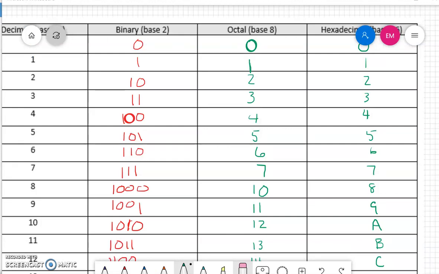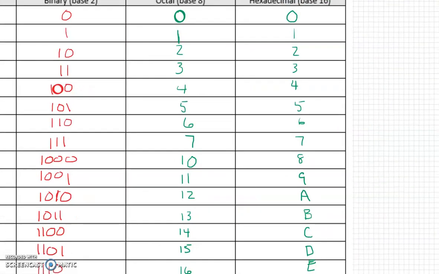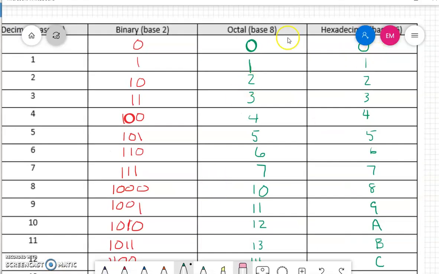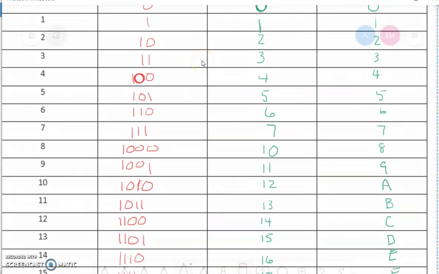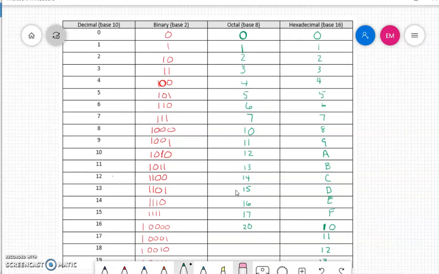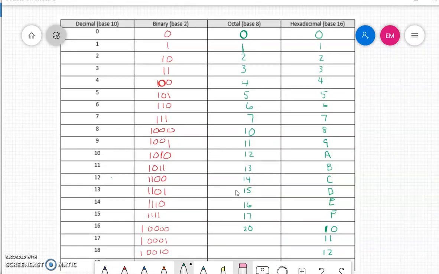All right, one little note of clarification here. Let's take a look across. Let's go down here a little bit further on my list. For example, let's take a look at, let's say, the number 17 here.